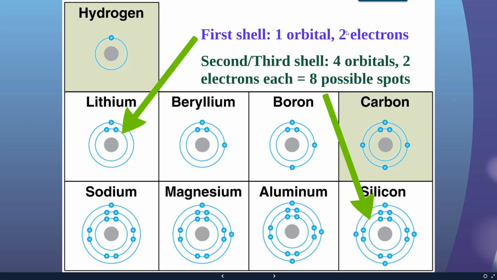It's only that first shell that contains a different maximum number of electrons. So as you can see in this example of silicon and aluminum, the second shell here in each of those is complete with holding 8 electrons. And then they move up to the next shell.